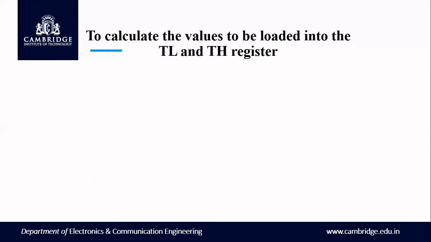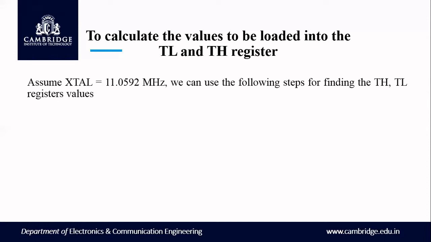So let us now understand, for a particular pulse width or a particular frequency of the square wave, how to calculate the values of the TL and TH registers. Let us see with an example. If your crystal oscillator is 11.0592 megahertz, we can use the following steps for finding the TH and TL register values.